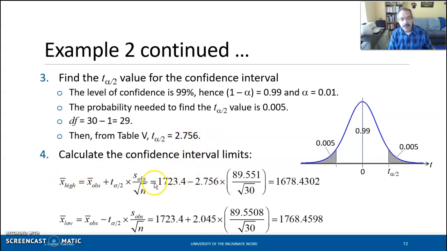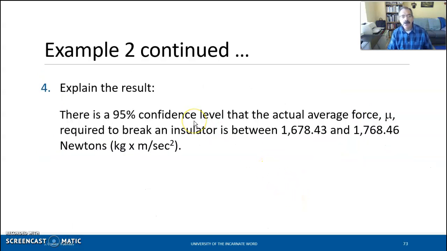Now you replace all the values that we have: the sample mean, the t-value, the sample standard deviation, and the sample size. You conduct these calculations and you find the upper limit and the lower limit of the confidence interval. The next step is to interpret that confidence interval.